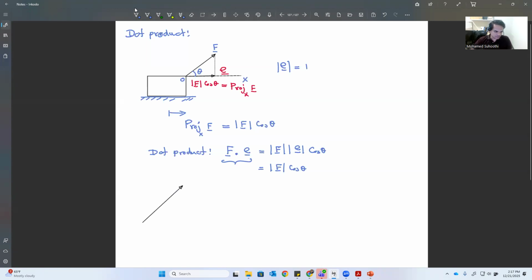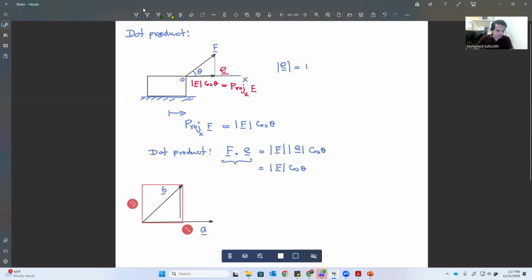Let's take our previous case. So now this is vector A, this is vector B. If I want to decompose this vector B along this vector A, now I want to calculate this value.